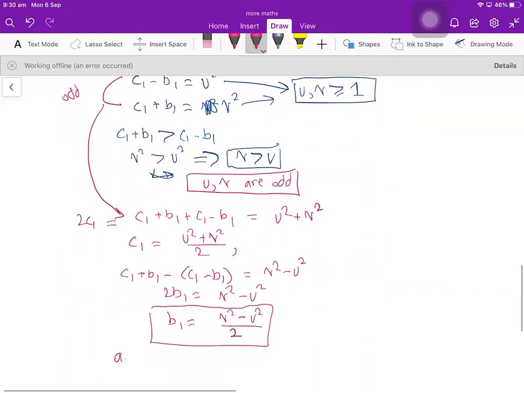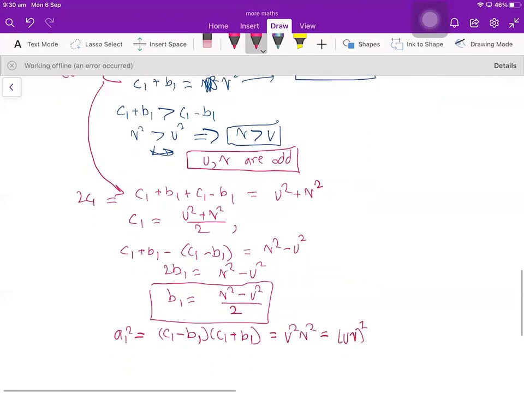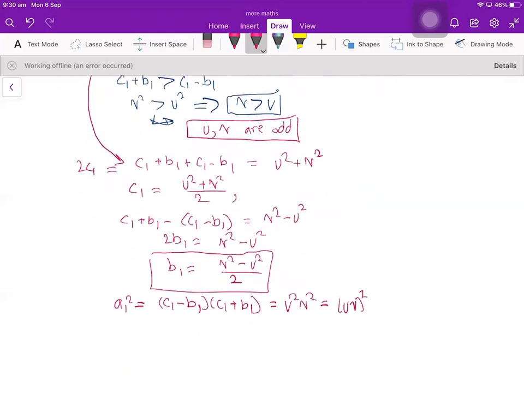And now A1 squared is equal to C1 minus B1 times C1 plus B1. And this is equal to u squared v squared, or uv all squared. And now since A1, u, and v are positive, we can take the square root. So A1 must equal uv.